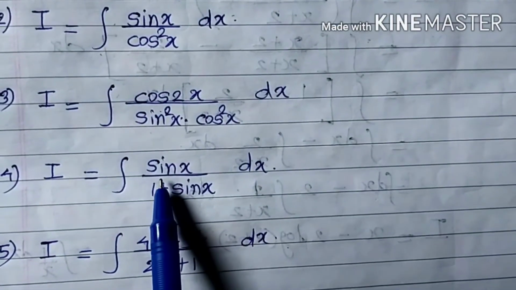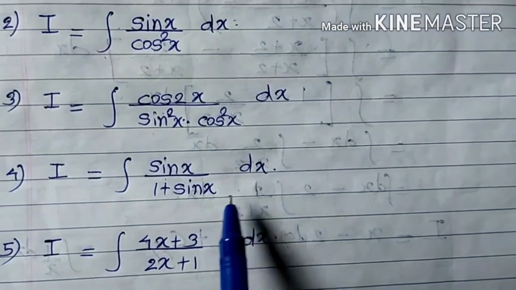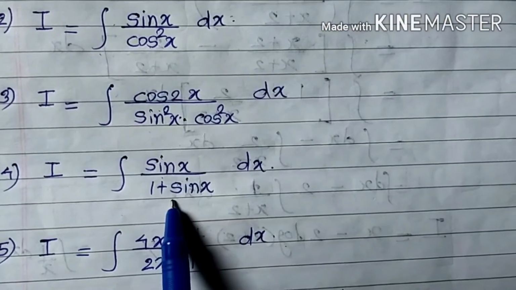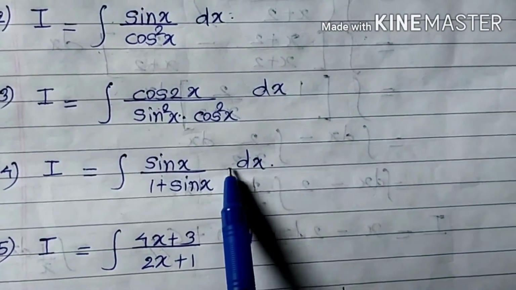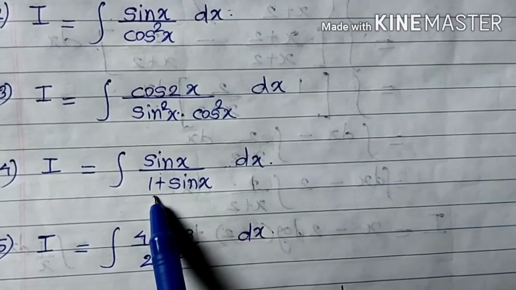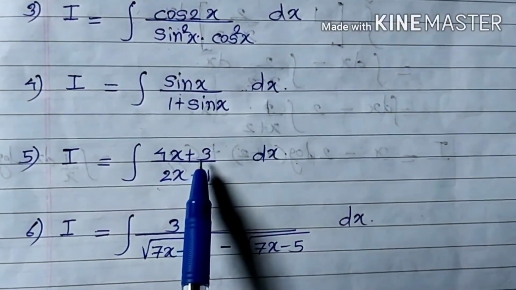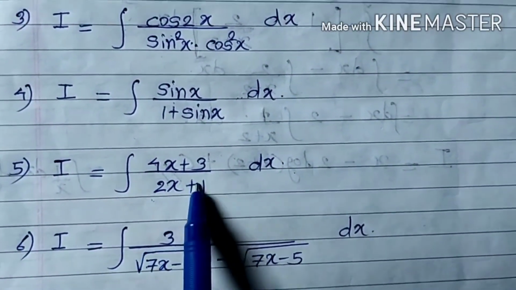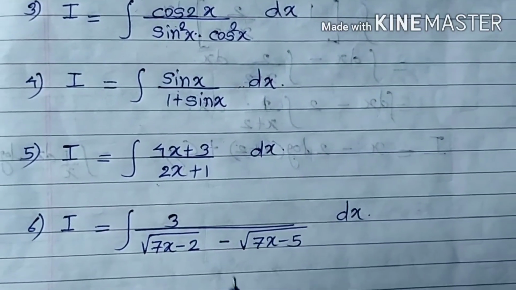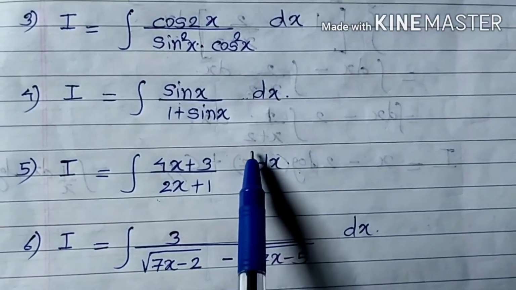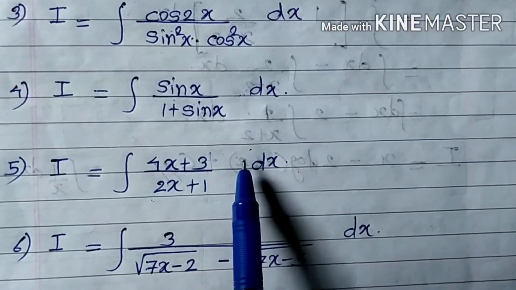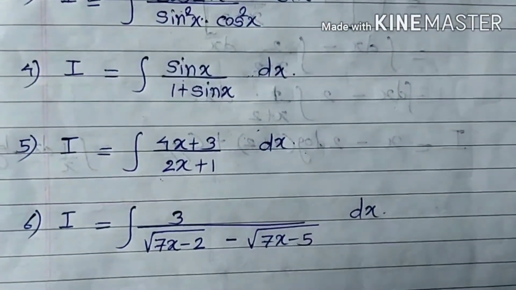Here I is equal to the integration of sin x upon 1 plus sin x dx. You can multiply and divide by its conjugate, meaning 1 minus sin x. Next, I is equal to the integration of 4x plus 3 upon 2x plus 1 dx. Here we have to adjust the denominator into the numerator.